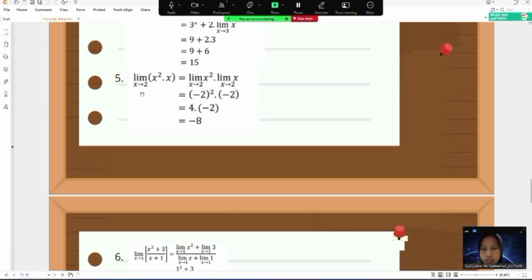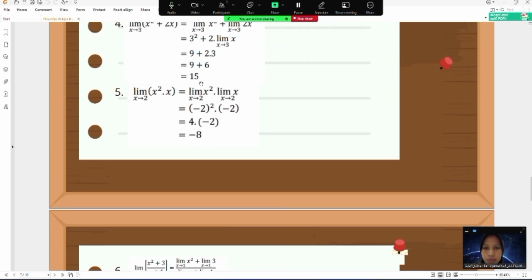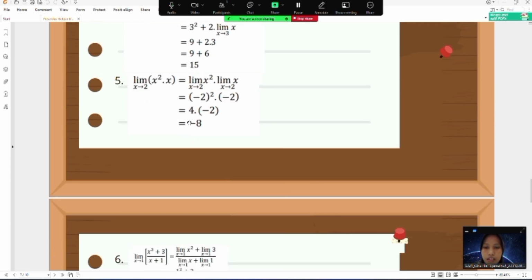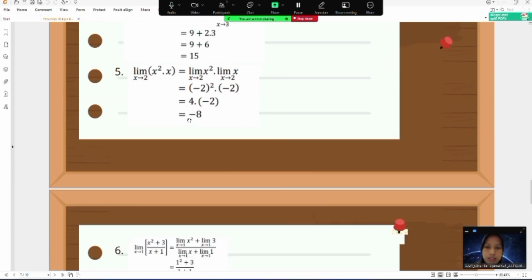Next, the limit as x approaches 2 for x squared times x. It's the same as before, we just need to put the limit on each factor and then substitute, and the result for number 5 is negative 8.